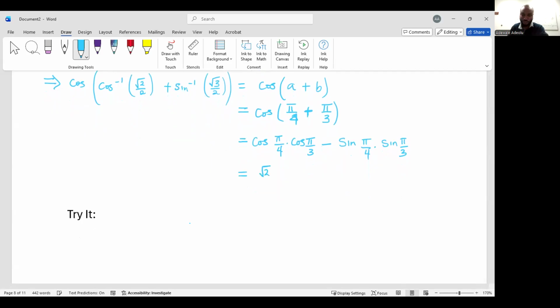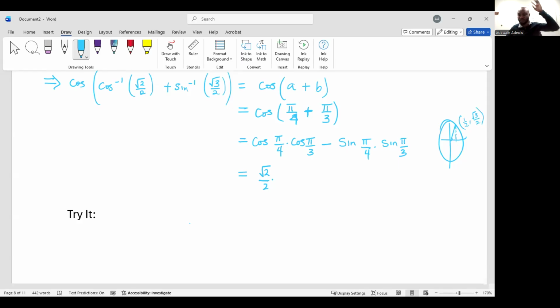This will be root 2 over 2 times cosine of pi over 3. Pi over 3 is up there in my unit circle, because I know there my x value is shorter than my y value. So here is 1/2 comma root 3 over 2.